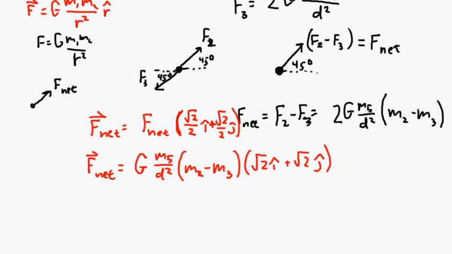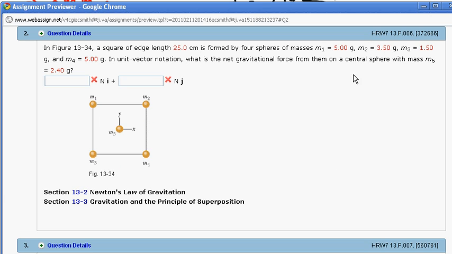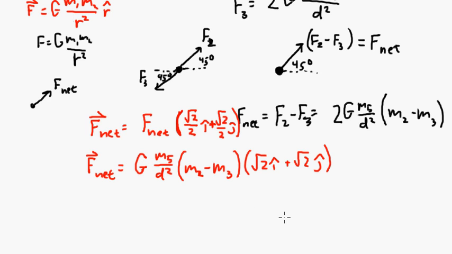Okay, so we're back here. Our m2 minus m3 is going to be 2 grams, which is 0.002 kilograms.